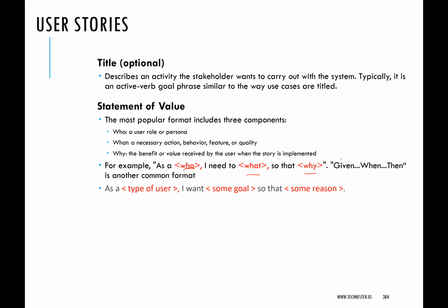So in your user story, it is encouraged that you write a title to your user story. If it's possible, you put a scenario, and I'll talk about that in some length later. A scenario for your user story, meaning what is the focus of this user story?